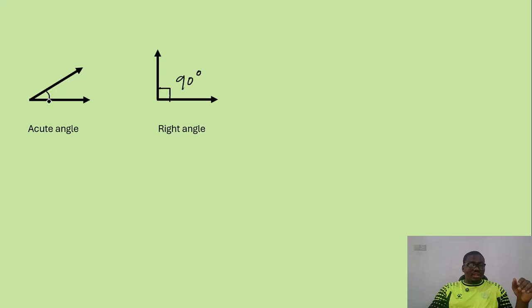So this angle here, because it is not up to 90 degrees, it is called an acute angle. Now we can say an acute angle is less than 90 degrees, because 90 degrees is bigger than an acute angle.